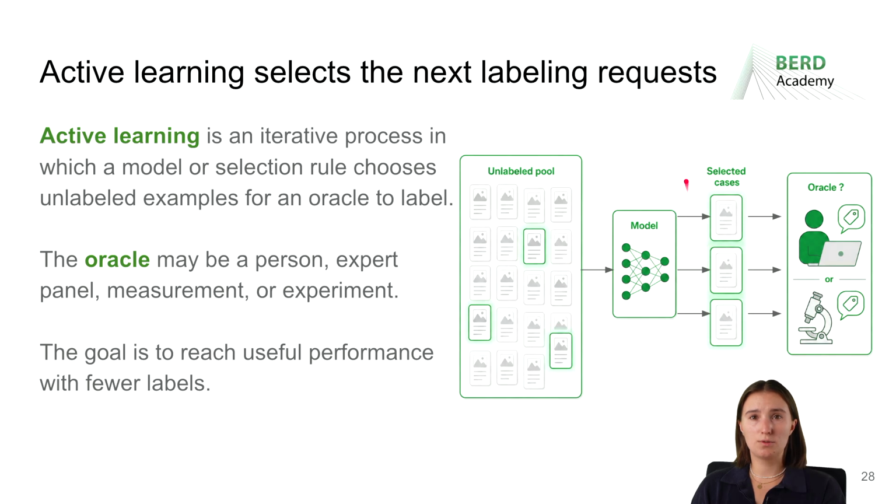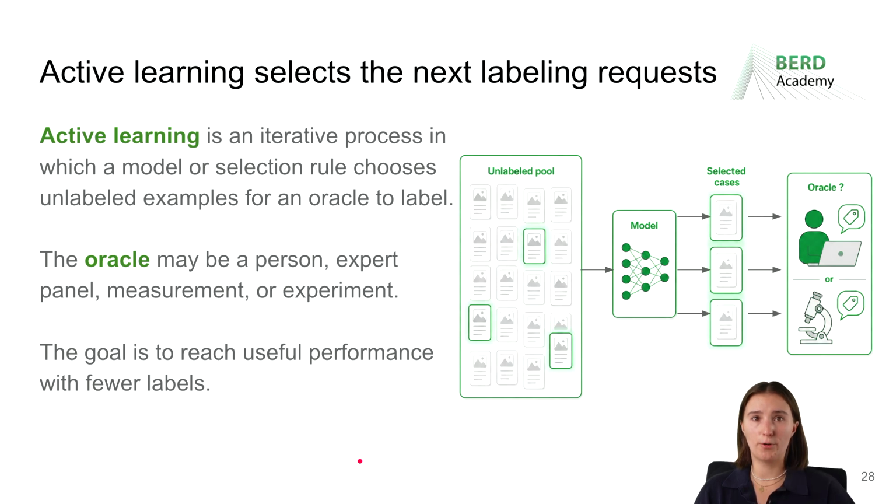Then it gives it to the so-called oracle, which might be a person or an expert panel, a measurement, an experiment, and this oracle gives you the label. And the goal is then to reach useful performance with fewer labels.